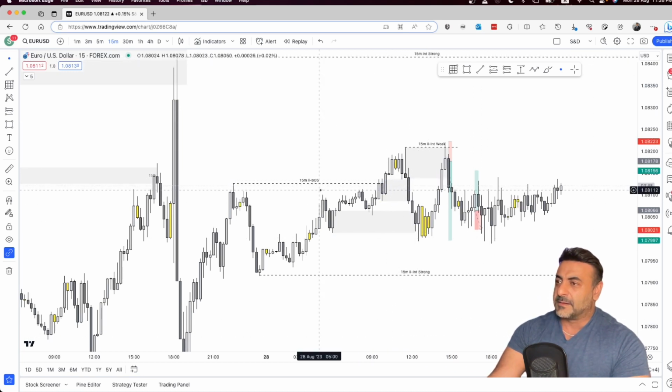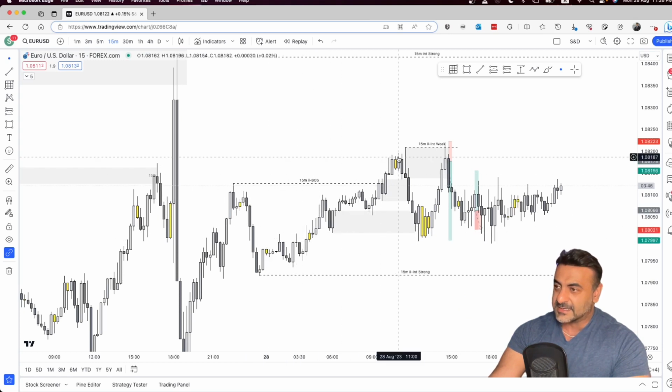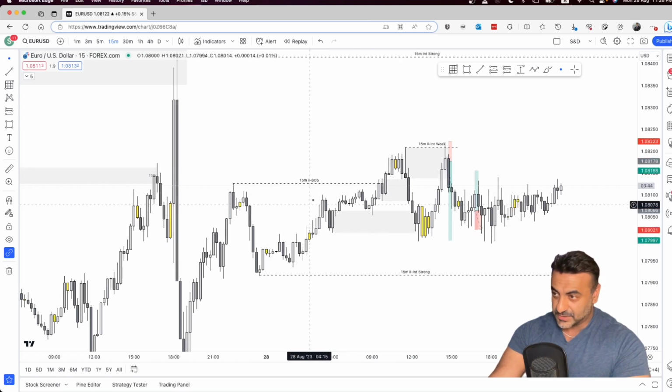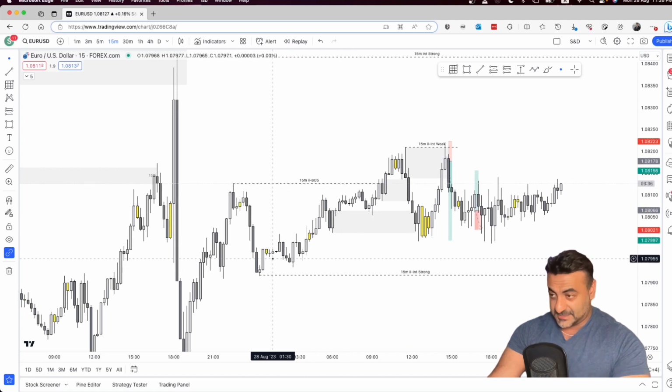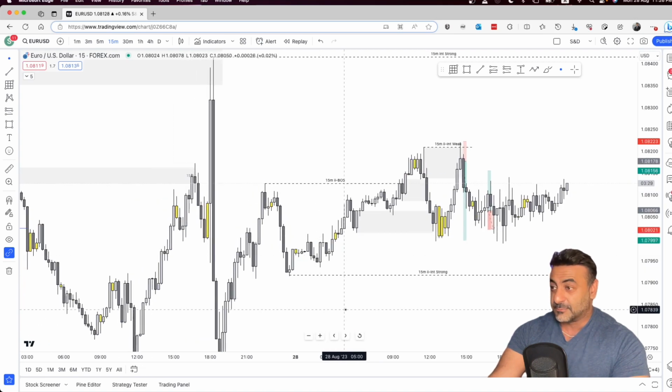And now my small internal structure was bullish, and it stays bullish until this low goes, correct? Because if this was the structure that broke internally, the smaller internal, this would be the lowest point that broke the structure. So that is my range for the small internal.